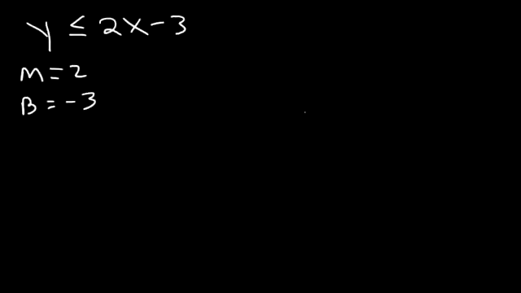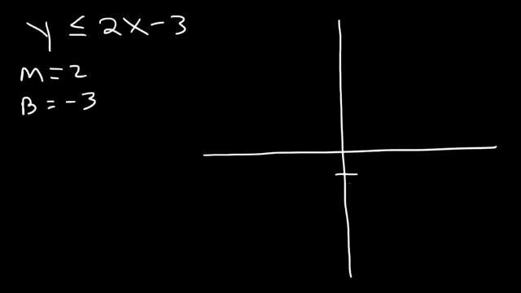Let's try one more example. Let's say y is less than or equal to 2x minus 3. So we can see that the slope is 2, the y-intercept is -3. Let's go ahead and graph this function. So the y-intercept is -3, and the slope is 2. So let's start with -3.